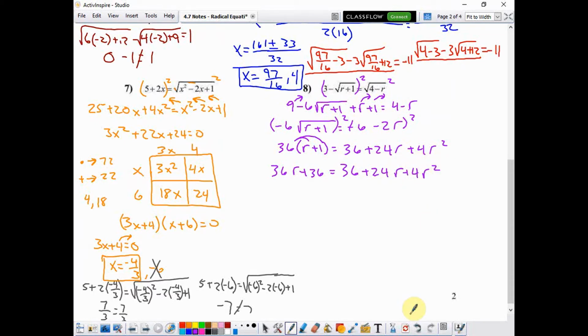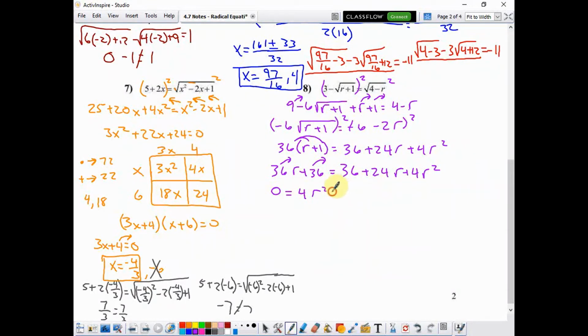And then we'll move everything to the right side and simplify in order of descending power. So equals 4r squared. 24r minus 36r is negative 12r.